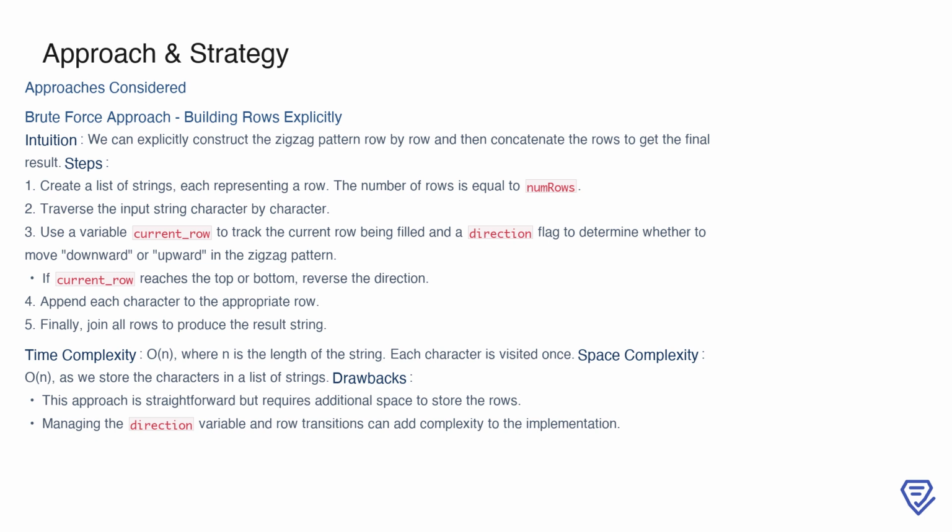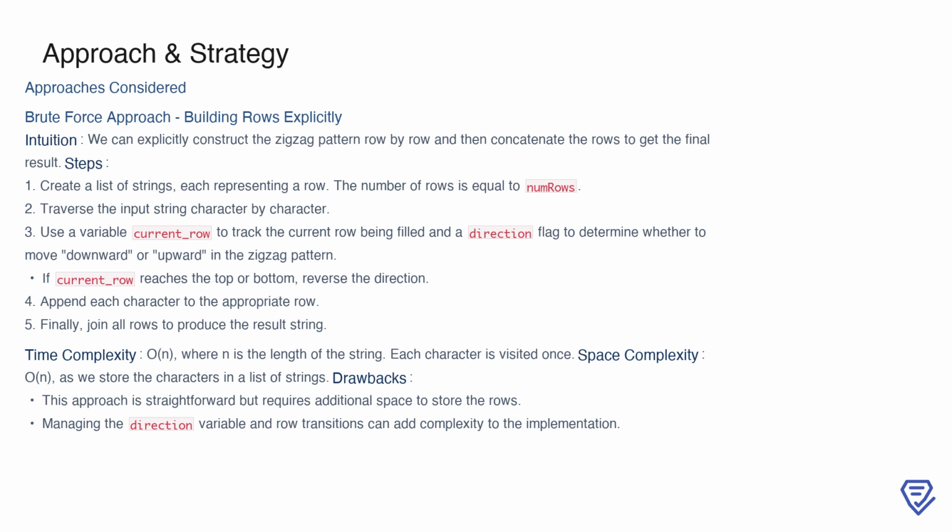As we traverse the input string character by character, we use a variable, current_row, to keep track of which row we are currently filling. Additionally, we use a direction flag to decide whether to move downward or upward within the zigzag pattern. When we reach either the topmost or bottommost row, we reverse the direction. After we've processed all characters, we simply concatenate all rows to form the final result string.